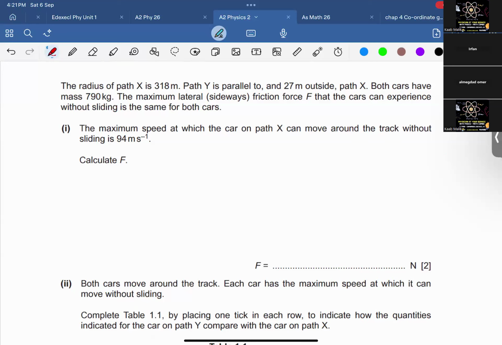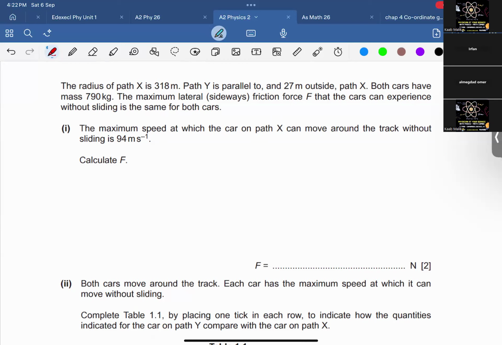Path Y is parallel to and 27 meters outside path X. Both cars have mass 790 kg. The maximum lateral friction force F that the cars can experience without sliding is the same for both cars.